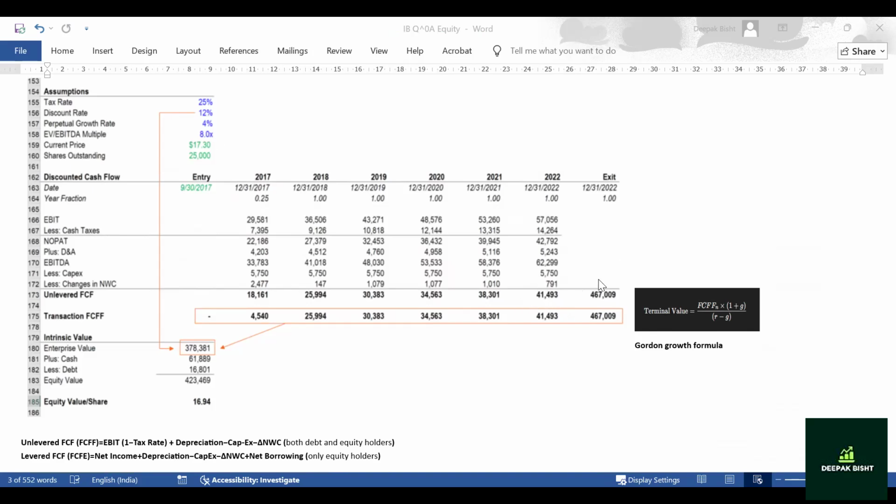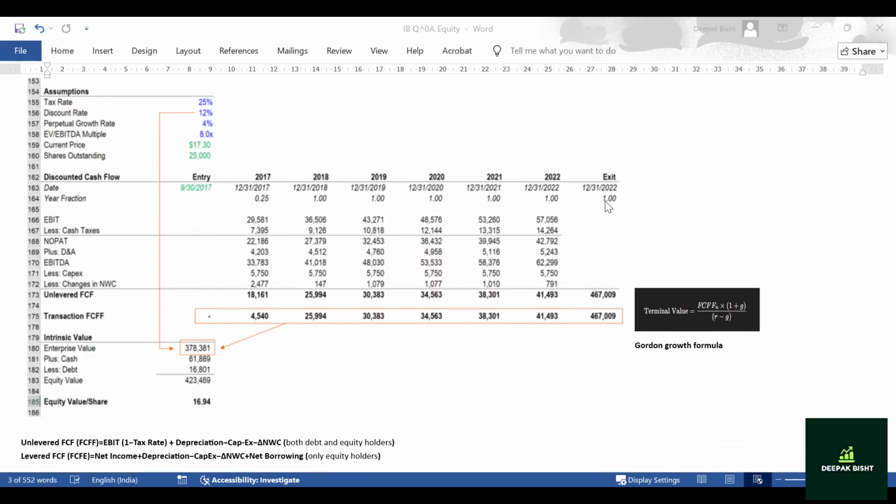But forecasting using the Gordon growth model will be more sensible for a stable company, and if you want to be a little more intuitive or aligned with market realities, you will use the EBITDA multiple method, which is the exit multiple approach.